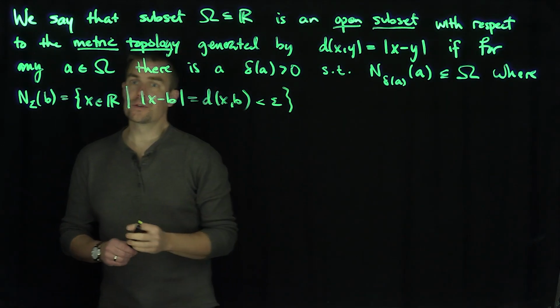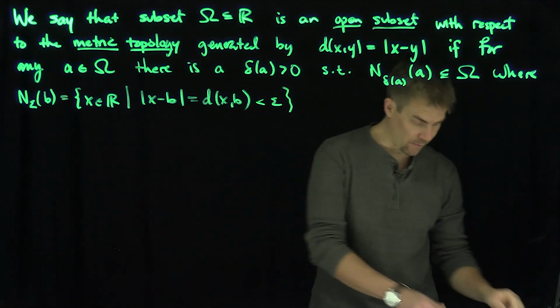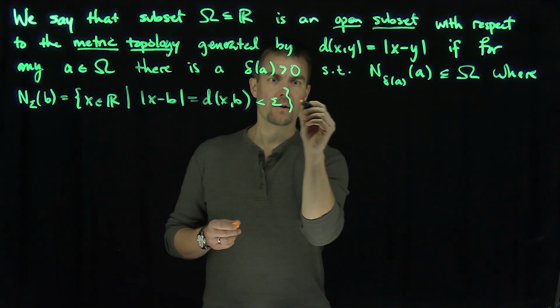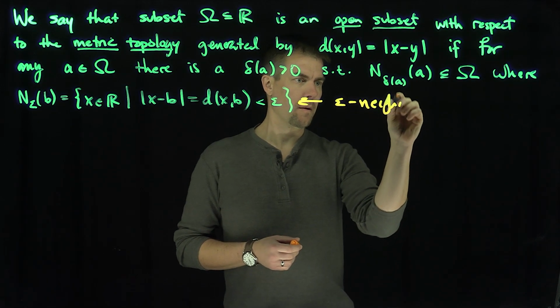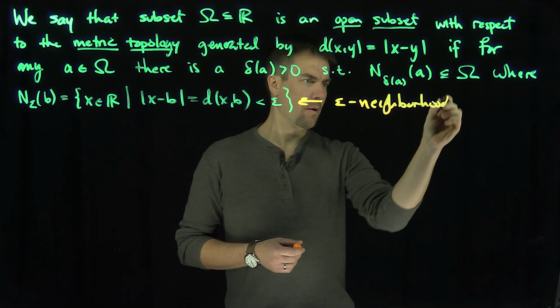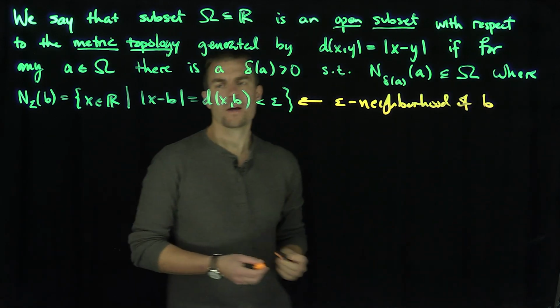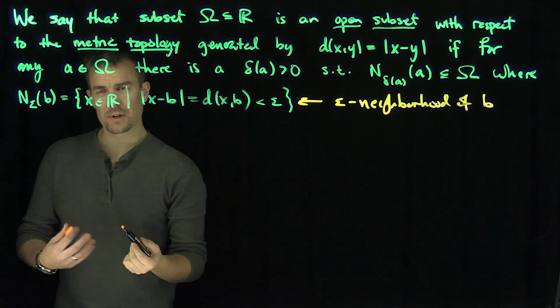In other words, these are just neighborhoods of the point b. So this is an epsilon neighborhood of b. And of course, geometrically, it's obvious what this epsilon neighborhood looks like.